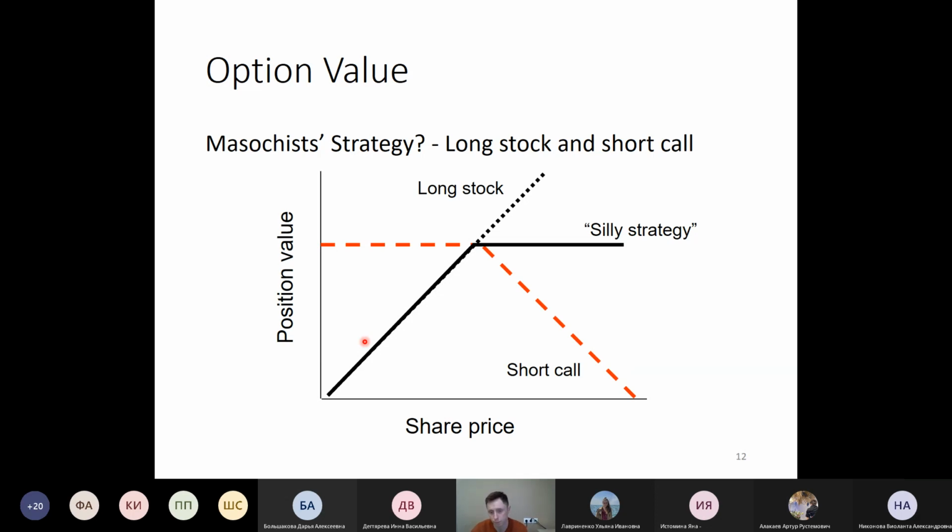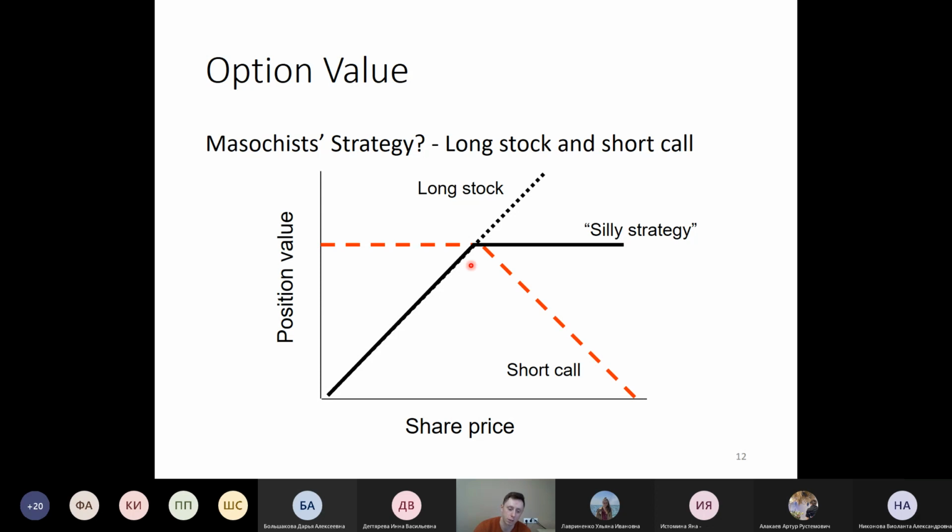Here we have what's called the silly strategy, so some combination that makes very bad sense, so it leads to a situation that you never win from the assets you have.